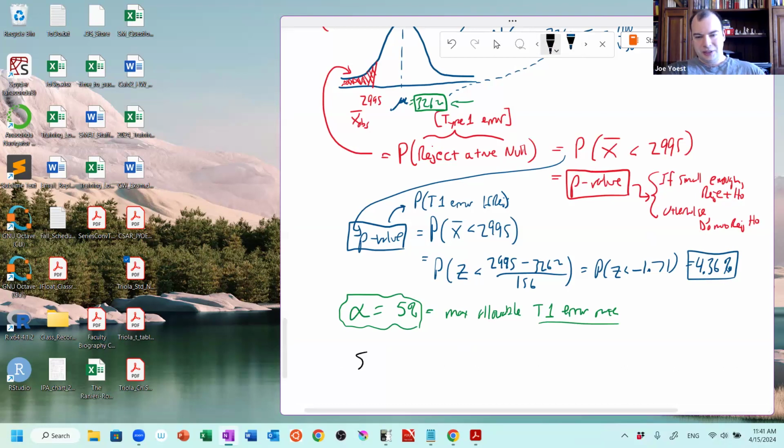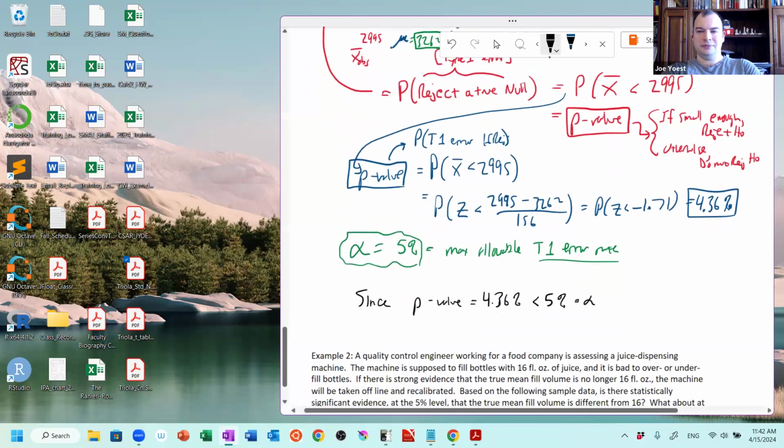And now we can say, since the actual observed error rate, if we were to reject, the p-value, is 4.36%, and that's less error than 5%, the maximum allowable error rate, since p is less than alpha.